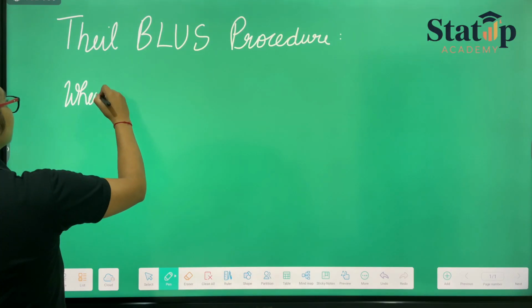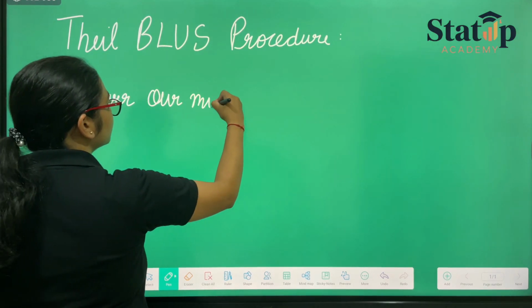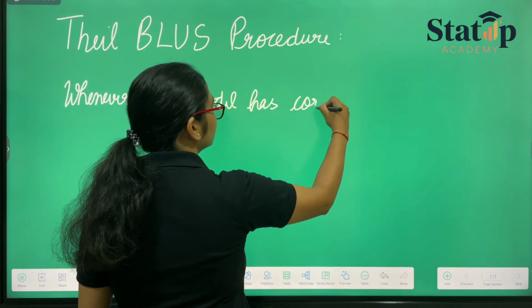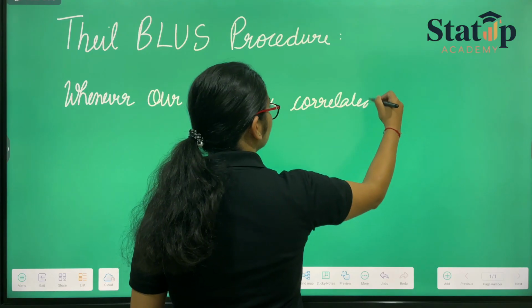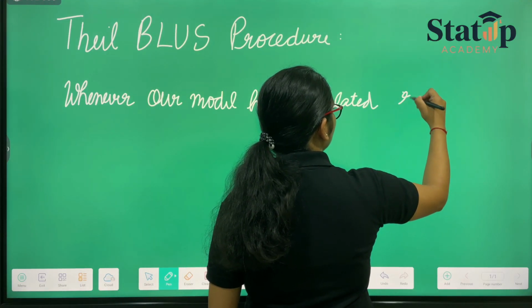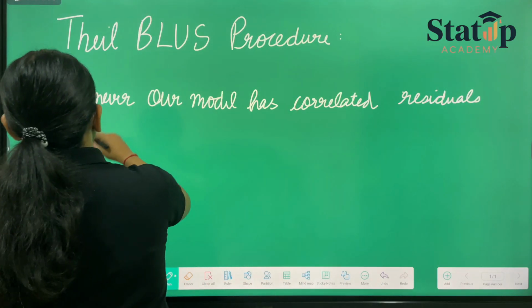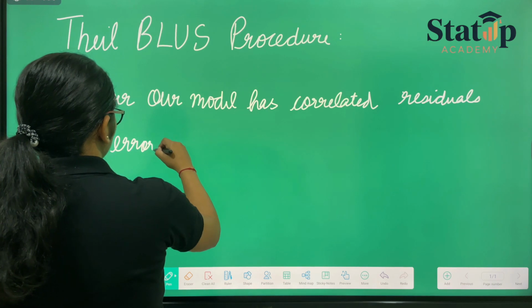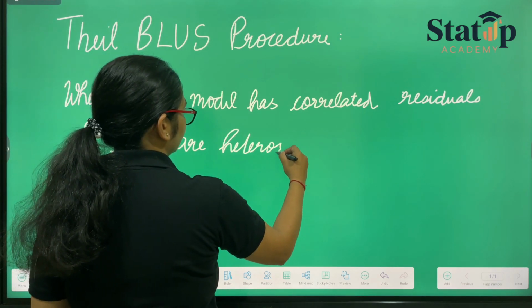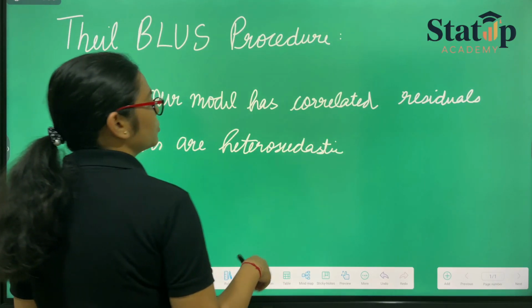Whenever our model has correlated residuals and errors are heteroscedastic, we use Theil process.